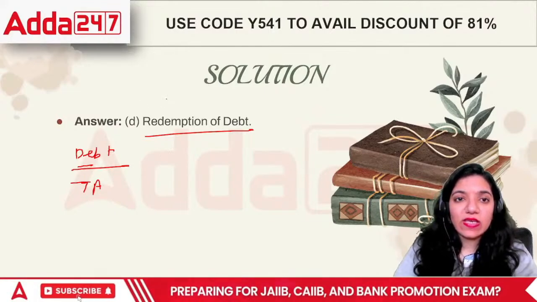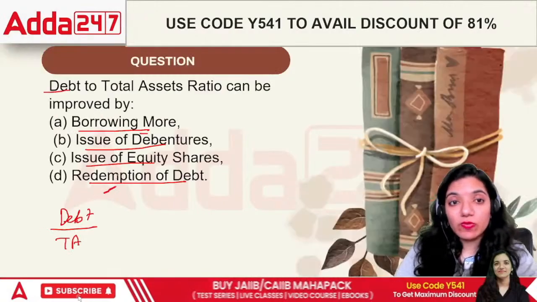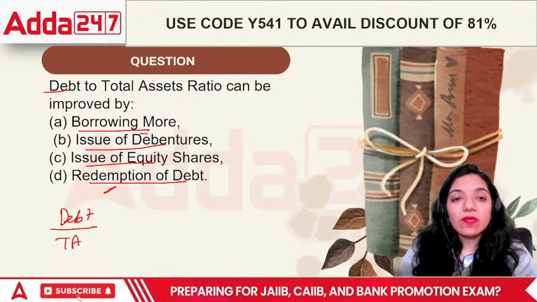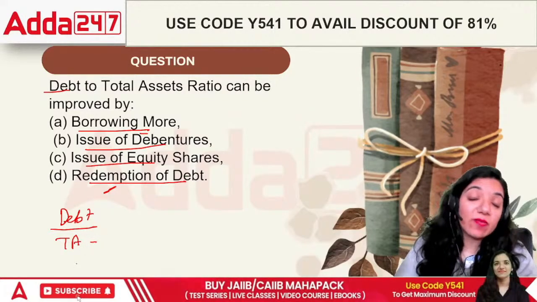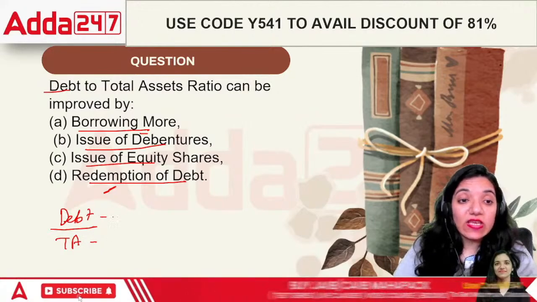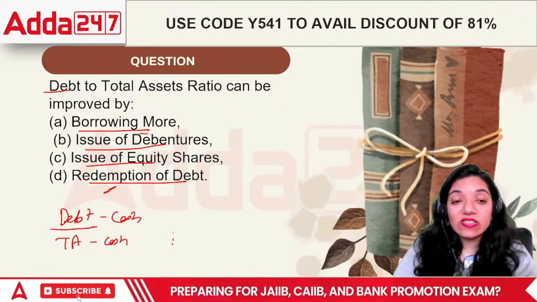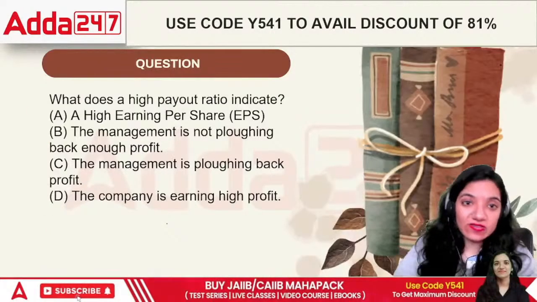If the debt is reduced, what will happen? If we are removing some debts, we will also remove assets as well. We are paying in cash, so technically we will lose cash, and the ratio will automatically improve.